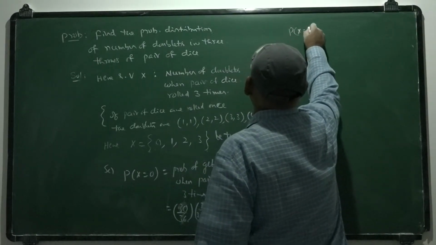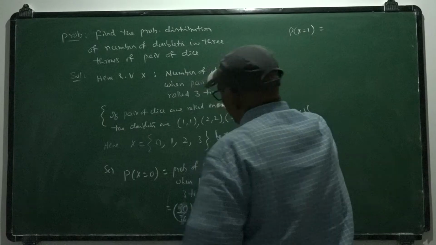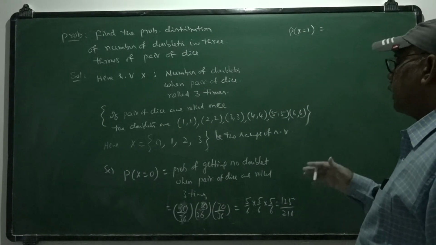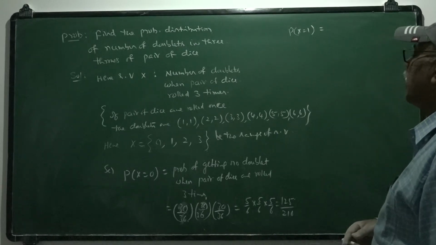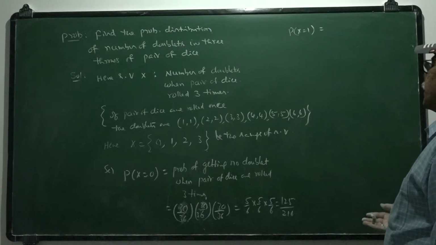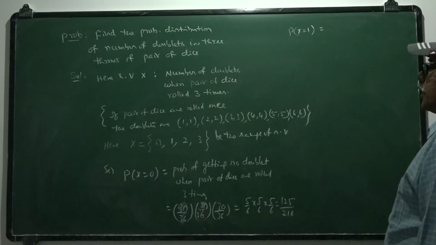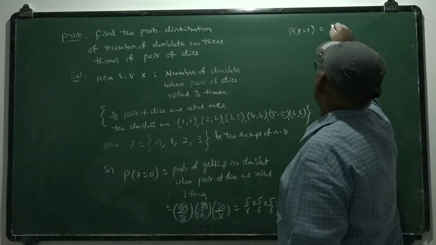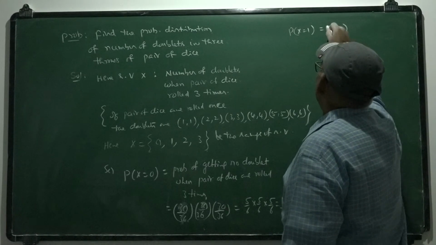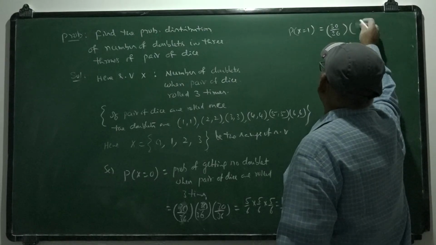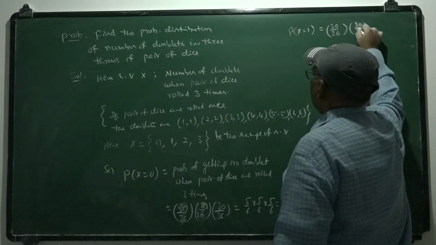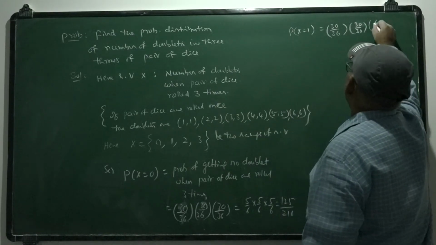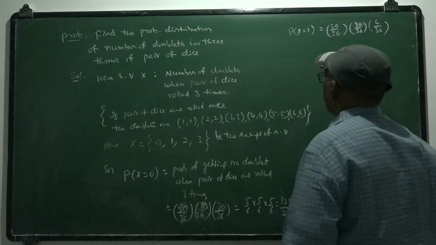Similarly, the probability of getting a doublet only once. In the first attempt it may be a doublet and in the other two attempts we may not get the doublet. Like that, in the second attempt we may get a doublet, or in the third attempt we may get a doublet. For example, in the first attempt not getting a doublet, in the second attempt also not getting a doublet, and in the third attempt getting a doublet. That is 6 by 36.